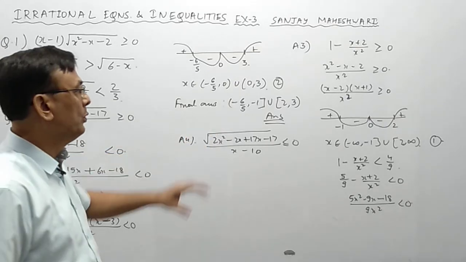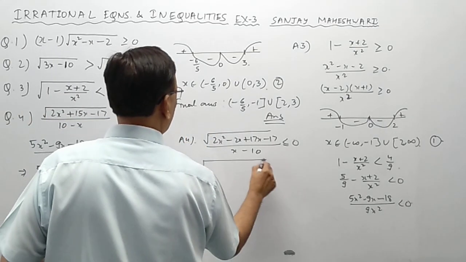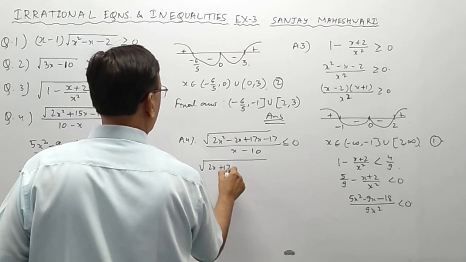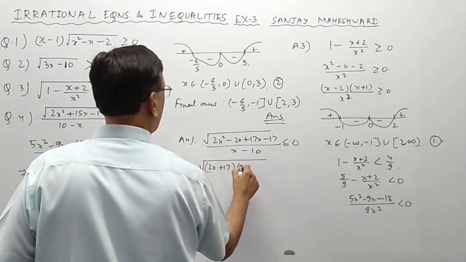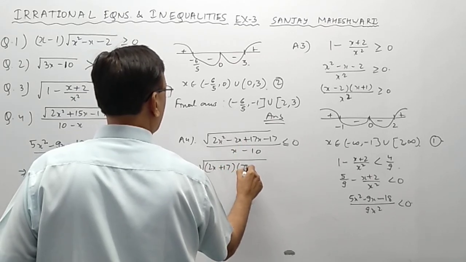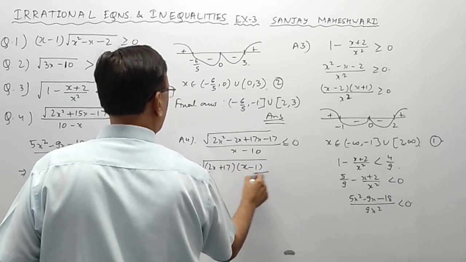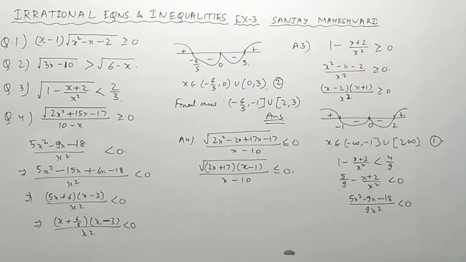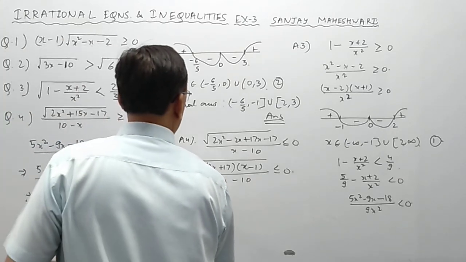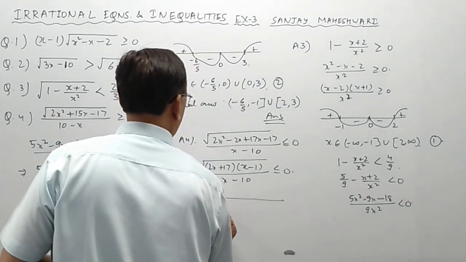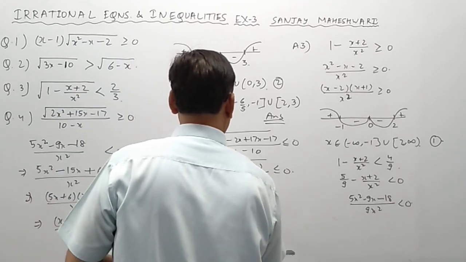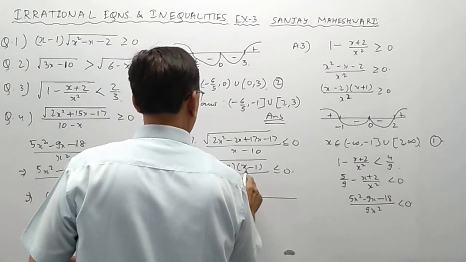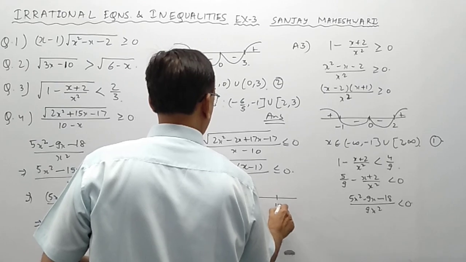So here we have to keep two things in mind. Equal to 0. Now here we have to keep this in mind. There are three critical points: minus 17 by 2, 1 and 10.